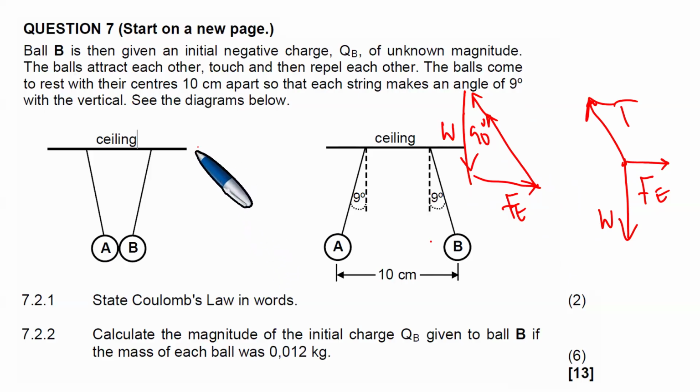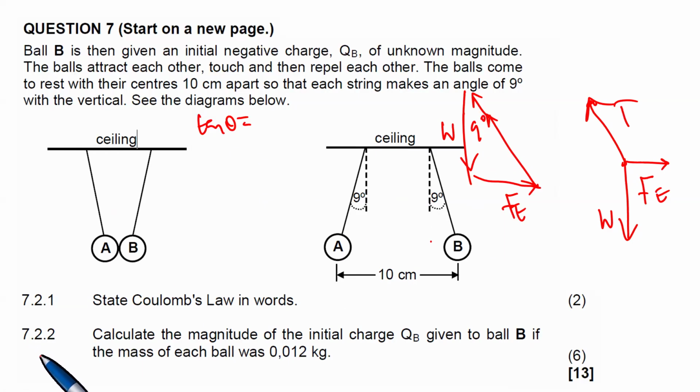Then now we're going to do tan theta. If you do tan theta, for example, this is exactly 9 degrees. So at this point you have 9, not 90, but 9 degrees.